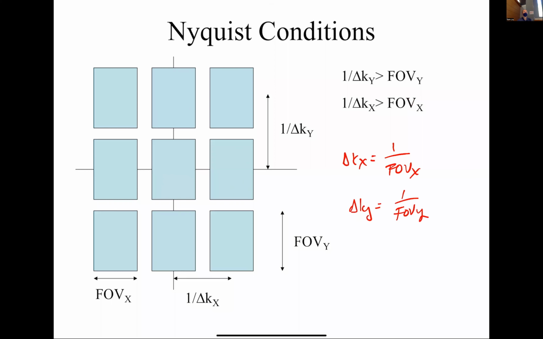All right. And you know, sometimes you might be only asked to design the x gradient, for example, in a problem, in which case all you care about is the field of view in x. You don't actually care about field of view in y. But if you're asked to design both, then you need to take both into account. Right?